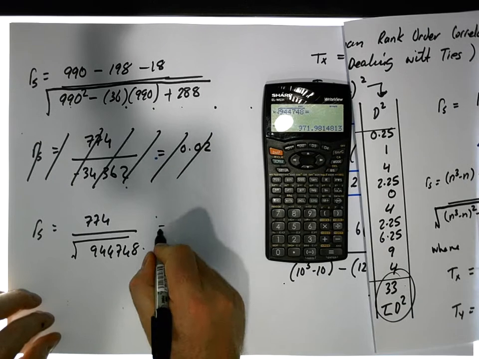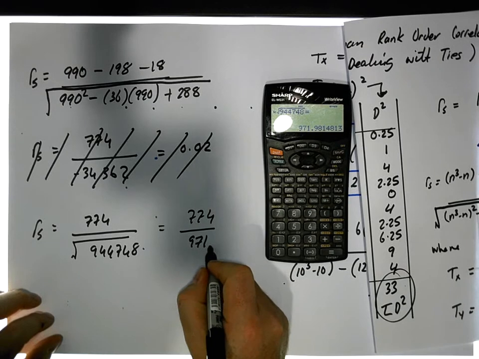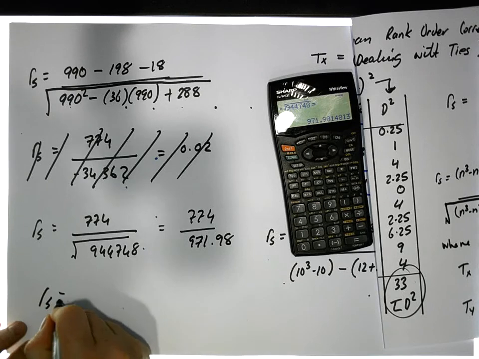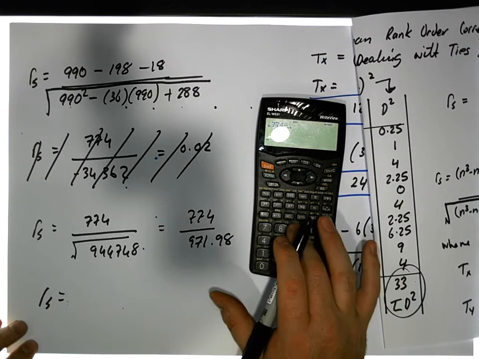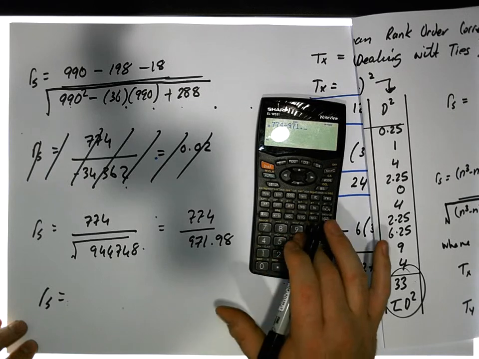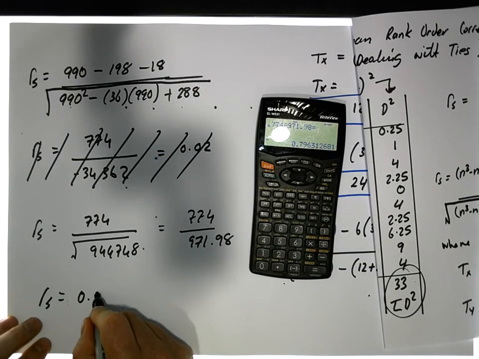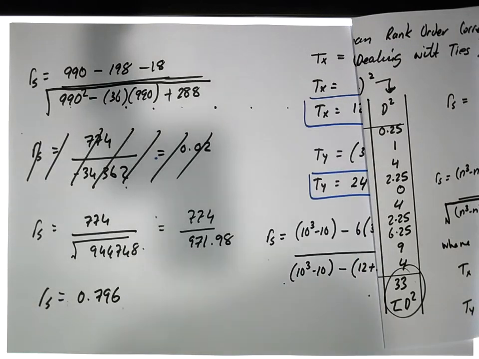So this is 774 divided by 971.98, which gives us an Rs value of 0.796 to 3 decimal places. And that's our correlation coefficient.